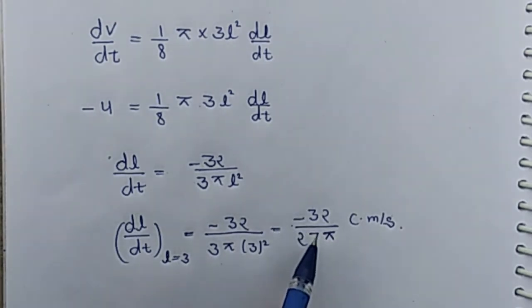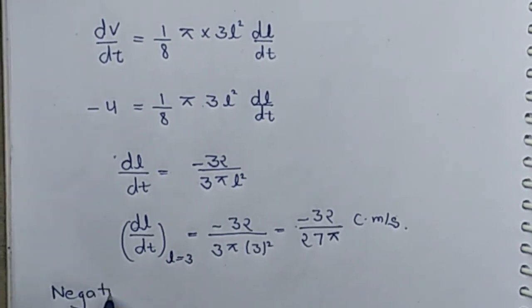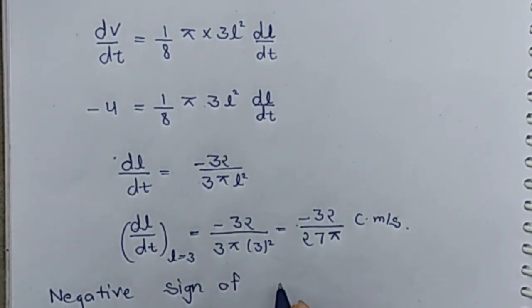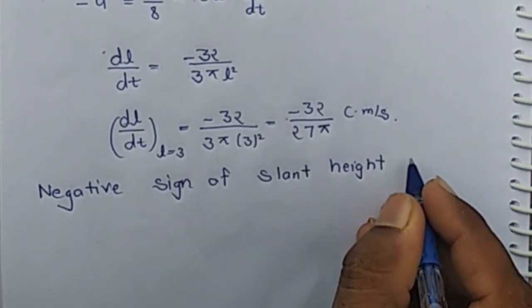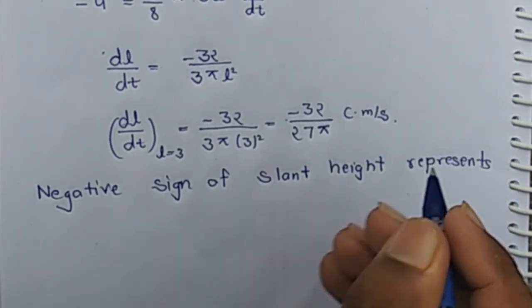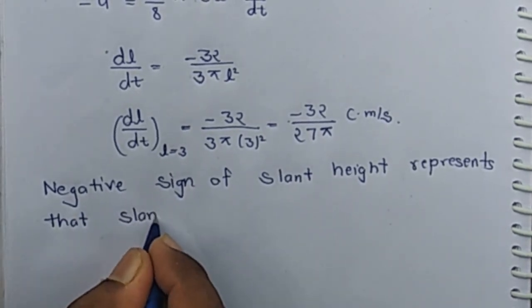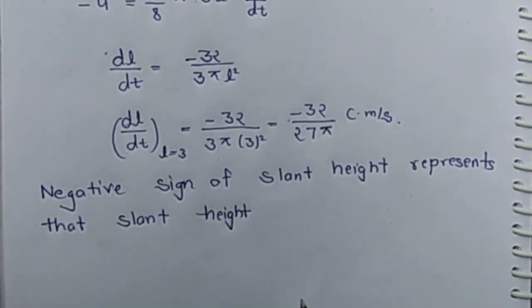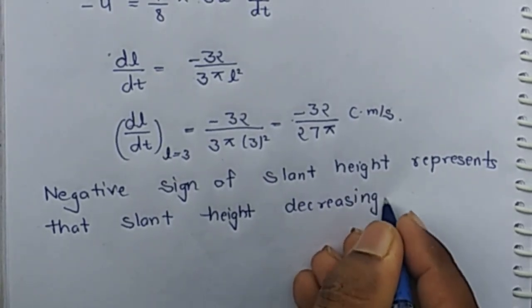The negative sign represents that the slant height is decreasing. And it is the answer.